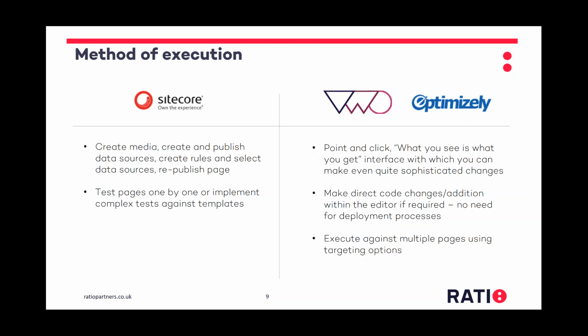And if you want a test to happen across multiple pages, for example, if you have 5 different product pages and you want to change the call to action button color on every one of them, then in VWO and Optimizely, you can do that very easily just by entering the URLs as URLs to be targeted. In Sitecore, on the other hand, you'd be needing to make the changes to each of the pages one by one, or implement tests against the templates that the pages are actually being created off.